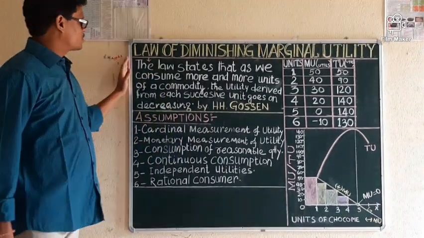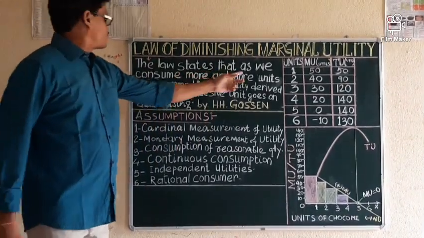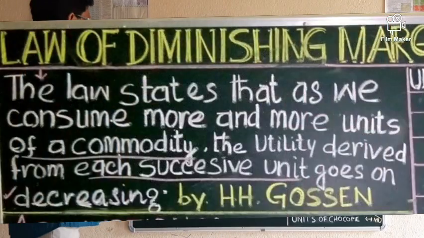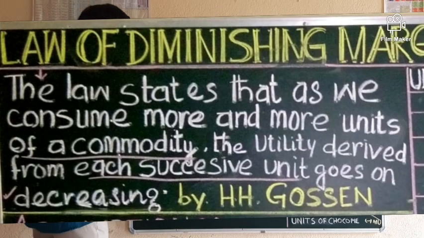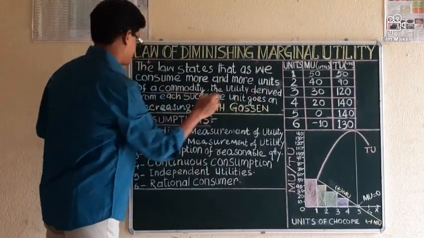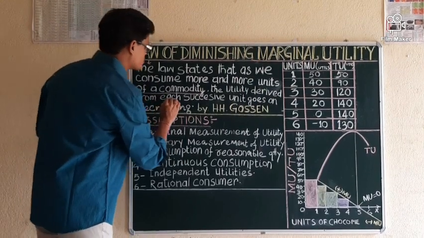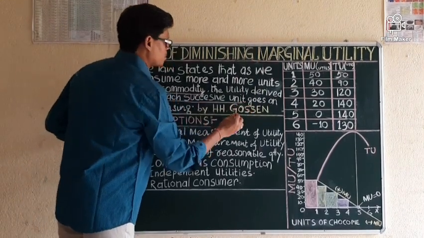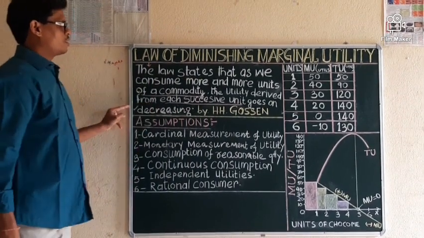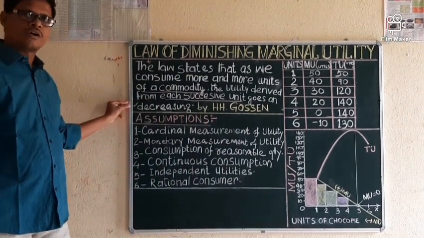The law says that as we consume more and more units of a commodity, the utility derived from each successive unit goes on decreasing. I am repeating the law again.